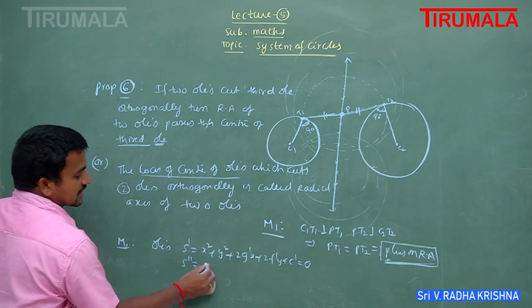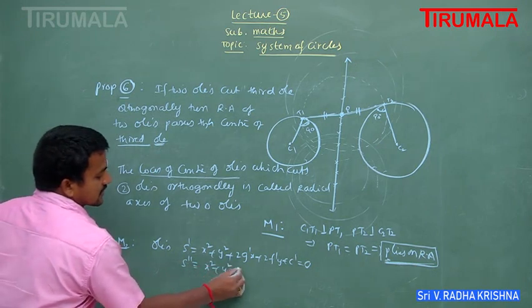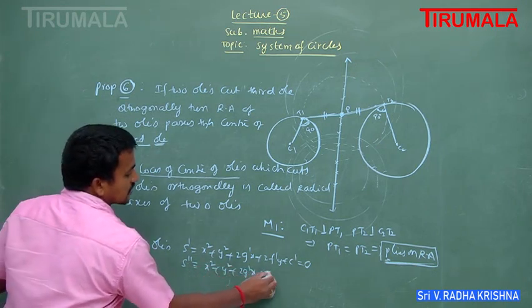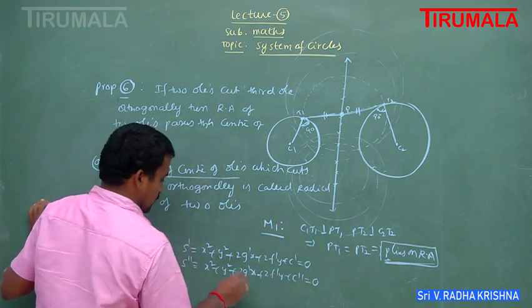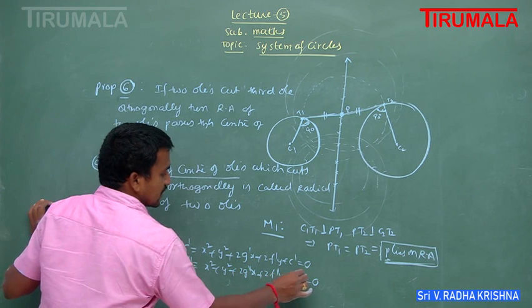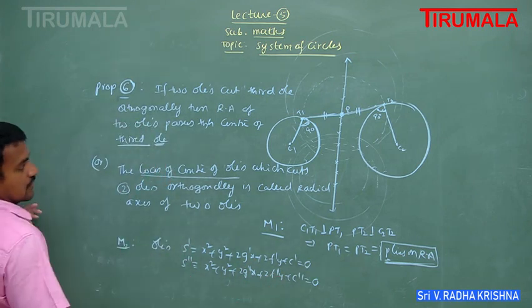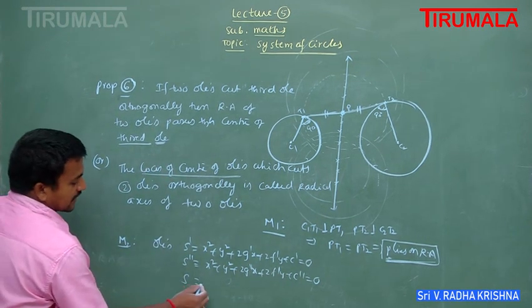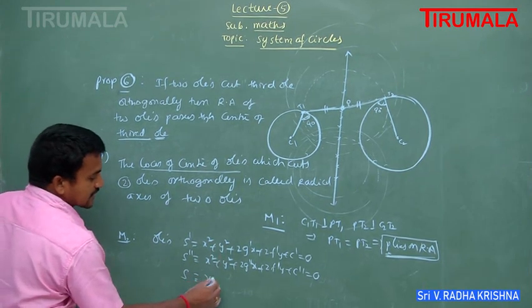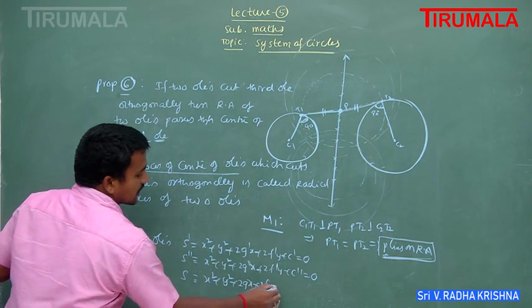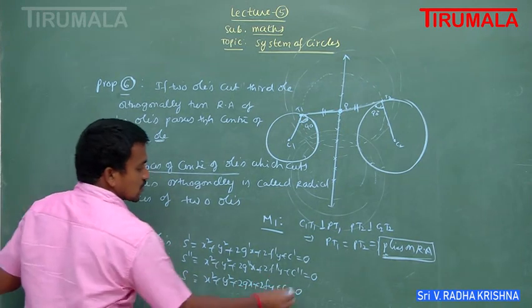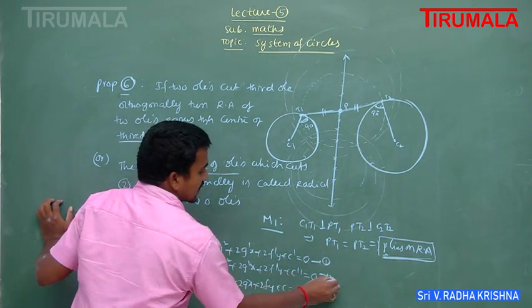S double dash is x square plus y square plus 2g double dash x plus 2f double dash y plus c double dash equals 0. The orthogonal circle S is x square plus y square plus 2gx plus 2fy plus c equals 0. So this is the first circle and the second circle.